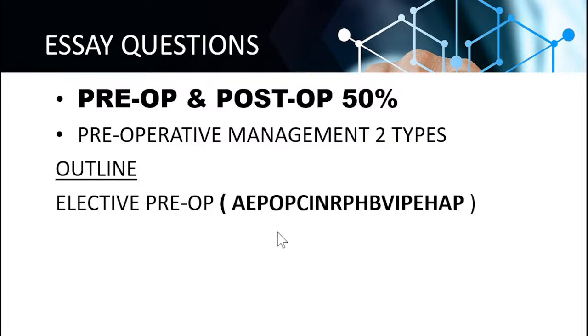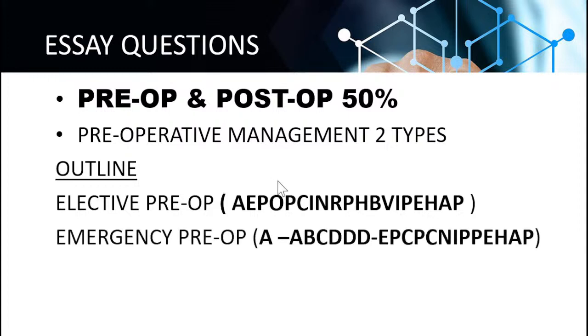C is for consent from signing, I is for investigations, N for nutrition, R is for rest and sleep, P is for visit by physiotherapist or pre-medication, H is for hygiene, B is for bowel care, V is for visit by anesthetist, I is for immediate preoperative preparations, P is for physiotherapy, E is for escorting patient to theater, H is for handover to the theater nurse, A is for attending to family needs, and lastly, P stands for preparation of a post-operative bed. That's what these letters mean, ladies and gentlemen.